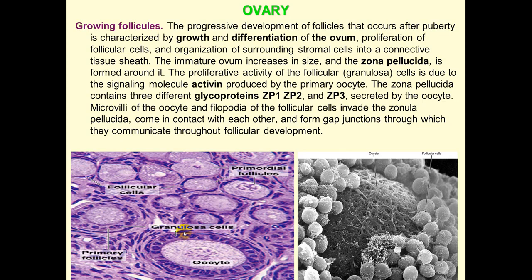So in the next step, you can see that the follicle becomes larger, the oocyte also becomes larger, and around it are one or two layers of follicular cells, which also lie on the basal lamina.